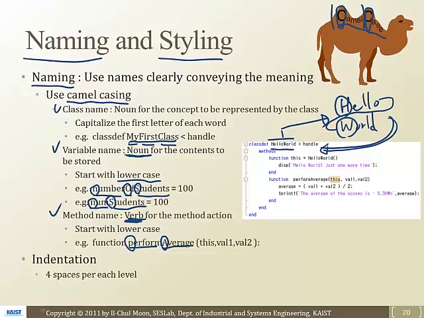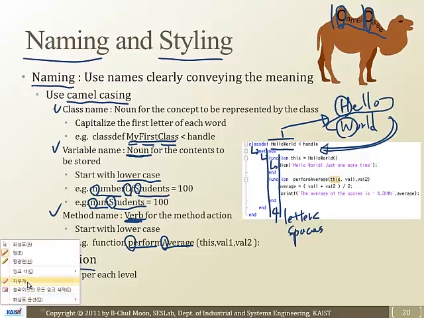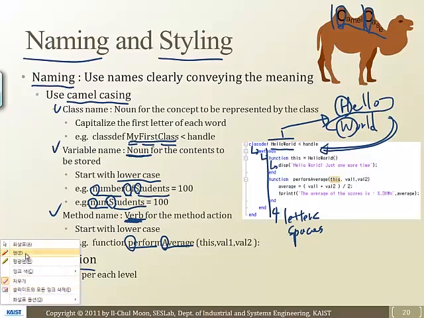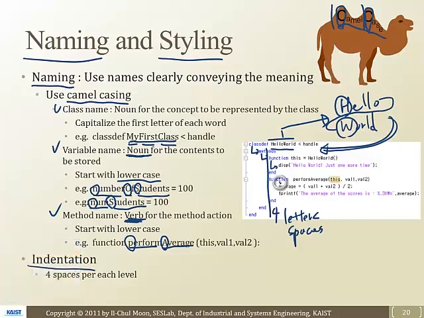Then, indentation. After naming, indentation is another important aspect of styling. Indentation means this indent, and it is specifically done with four spaces. Shall we check? Can you see that this T is aligned with A?